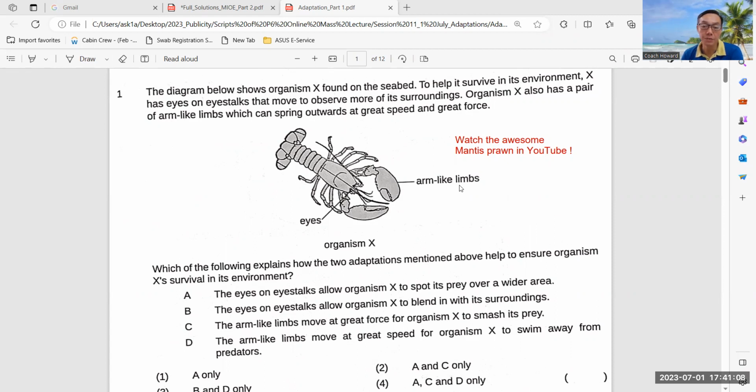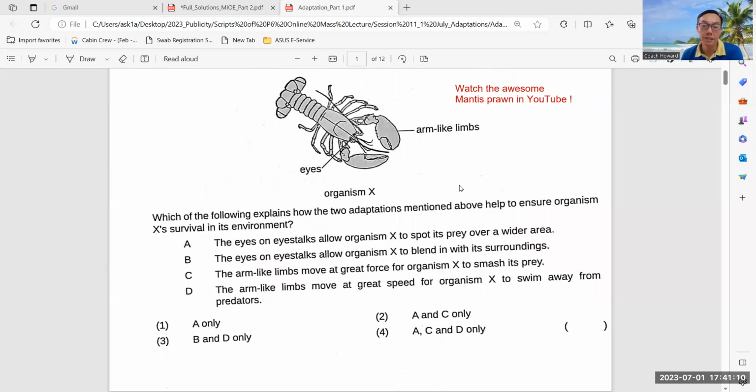Okay, so actually, the eye stalk allows organisms to see, so this is definitely yes. This one no, part 2: smash prey. The arm doesn't swim, so it's these two.